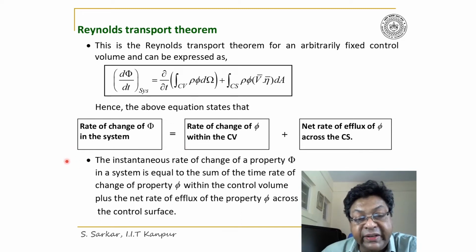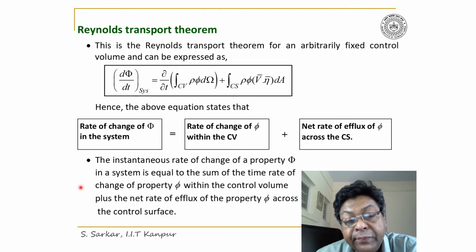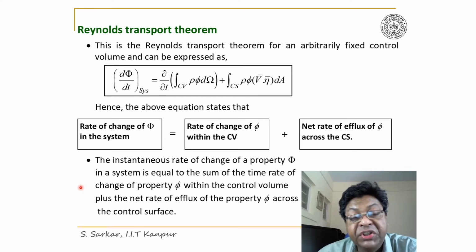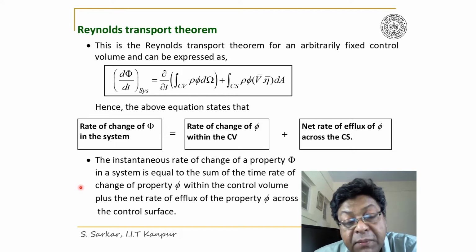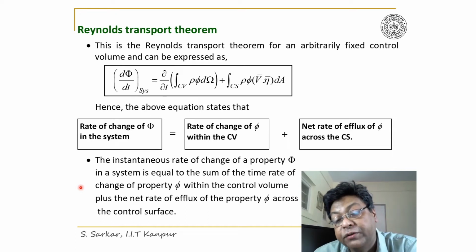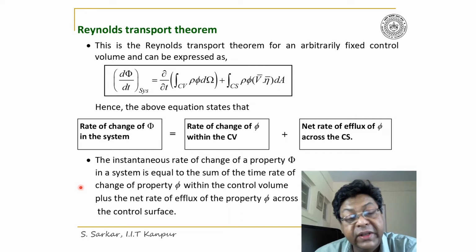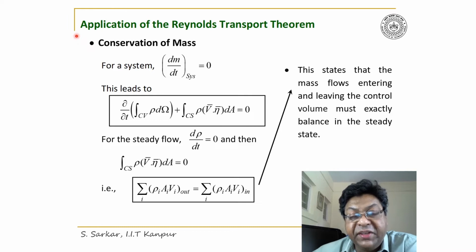I have stated this as the instantaneous rate of change of phi in the system is equal to the sum of the time rate of change of property within the control volume plus net rate of efflux of property small phi across the control surface.